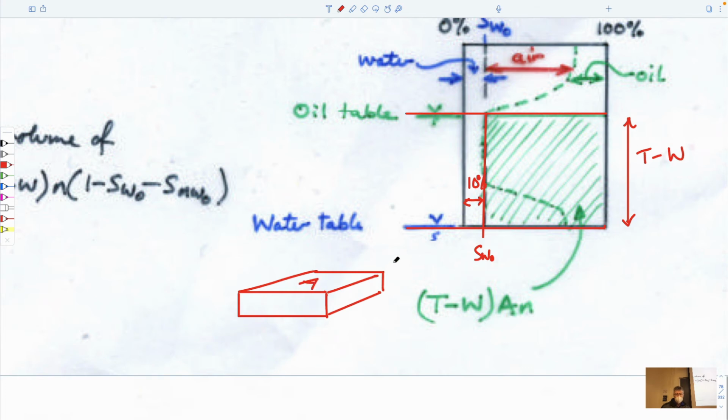This is A, this is T minus W. So this is the volume of the aquifer, times porosity is the volume of the pore space. This is the porosity. So this is the volume of the pore space.